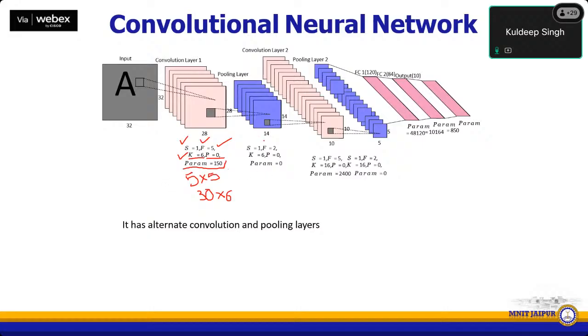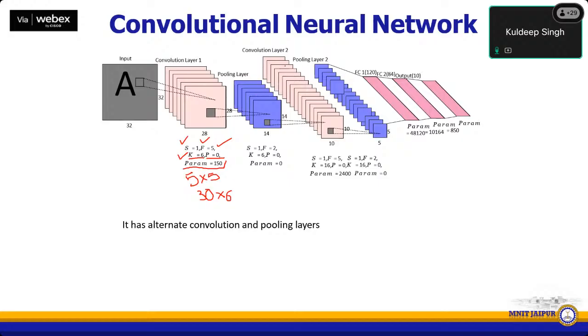Then the next layer is the pooling layer. We will talk about what exactly the pooling layer is in the subsequent slides. Next, we have the convolution layer 2. As we go deeper into the network, the feature maps computed by the convolution layer 1 are passed through the pooling layer. Basically, the pooling layer is responsible for reduction of the dimension of these feature maps.